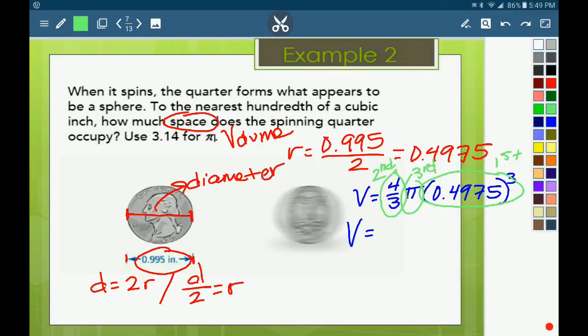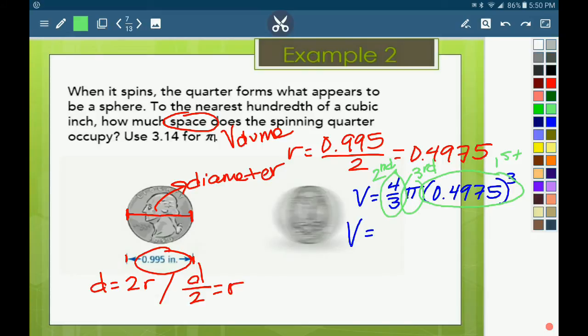So with the number that's in your calculator right now, it should be 0.123134359375 and on. I'm going to punch in times 4 divided by 3. I'm getting another big long number, 0.164179145833333 forever. I'm going to hit times 3.14.